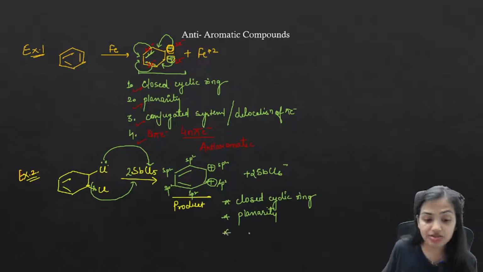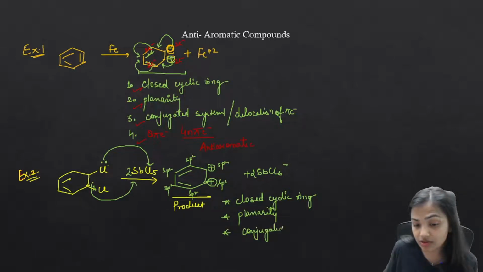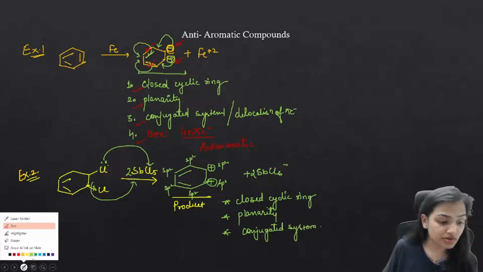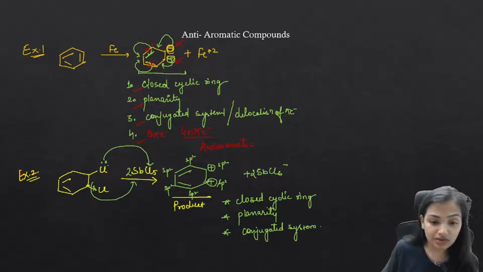The third point is, do we have a conjugated system? Conjugated system or the delocalization of electrons. So if you look at the conjugated system, yes, every atom is a part of this conjugated system. You can have a look: this X double bond Y single bond Z is a part of the conjugated system.